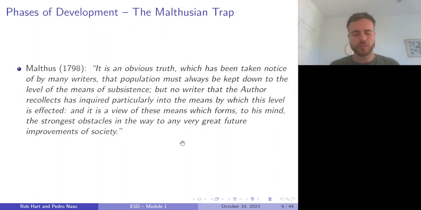Every gain in income, every gain in technology improvement and productivity would increase population growth. And then this gain would be eaten up by the increase in number of people in a given society, which means that living standards would always be constrained by population.